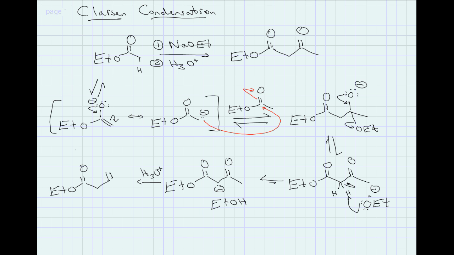And the product of a Claisen condensation is called a beta keto ester. A beta keto ester. And if you think about looking at the molecule like this, well, you have your alpha going from the ester, you have your alpha carbon, then you have your beta carbon. So at beta, we have a ketone at the beta carbon, so beta keto ester, because esters take higher priority in nomenclature over ketones. So it's a beta keto ester.